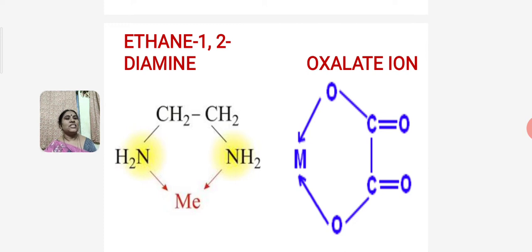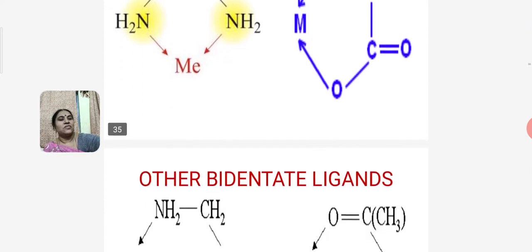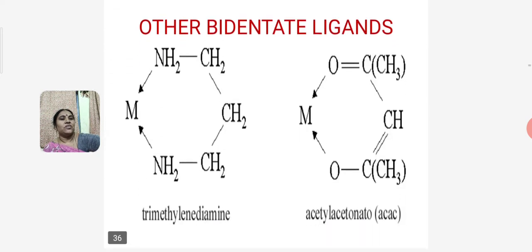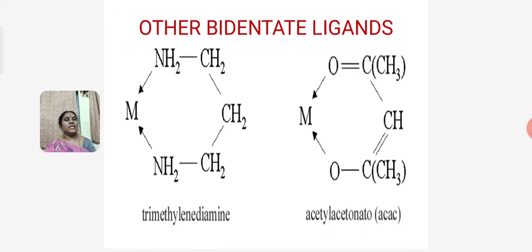And now you see, in case of oxalate ion, the two oxygen atoms contain two lone pairs of electrons and can donate one lone pair of electron each towards the central metal atom, thereby forming two coordinate covalent bonds. There are many more bidentate ligands, and some of these include trimethylene diamine and acetyl acetanoto.